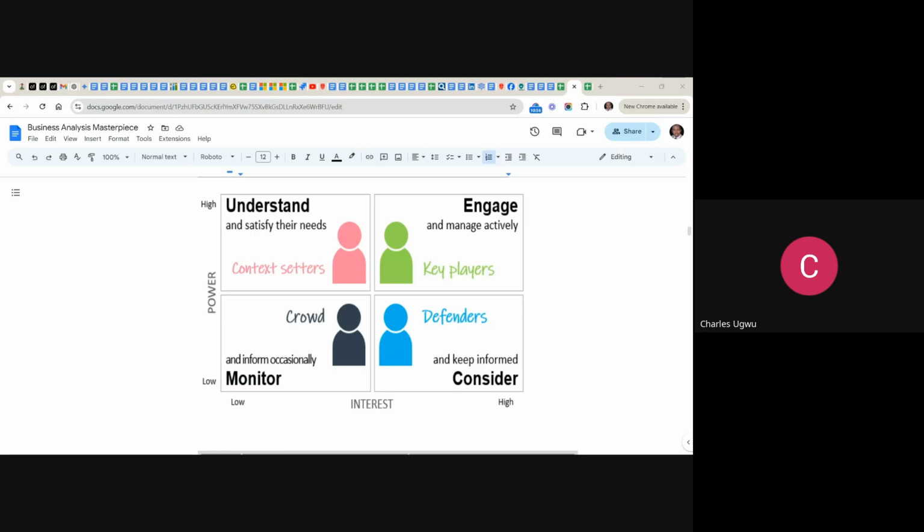Okay. Then within this power grid, we've discussed how we are going to manage the people in green, the high power and high interest stakeholders. We still have these people at the bottom of the grid: the crowd and the defenders. Under the crowd, it says monitor and inform occasionally.